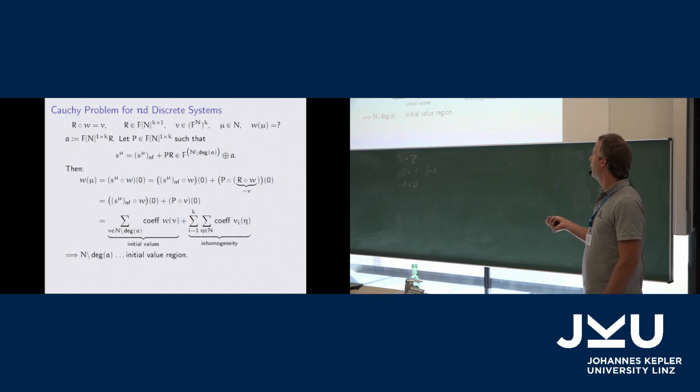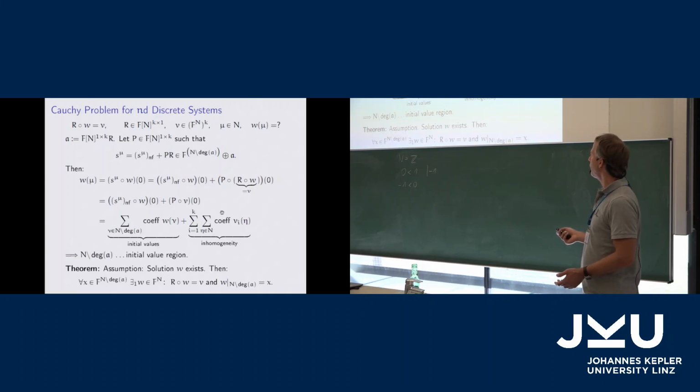And this means we can prescribe the values at the complement of the degree set freely. So that's the initial value region, and in all the rest we can compute it. And there is even a unique solution once you prescribe the values in the initial value region.